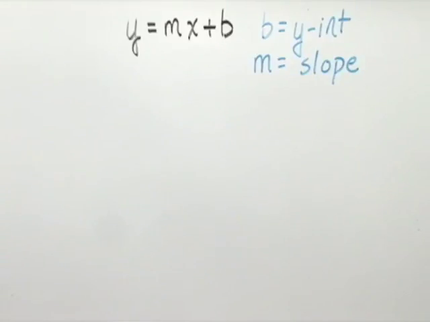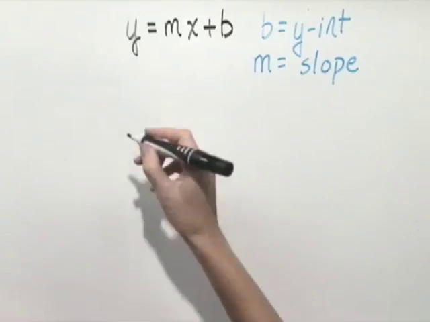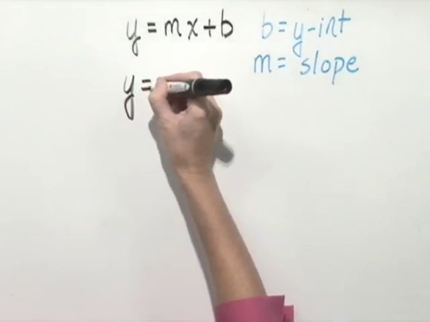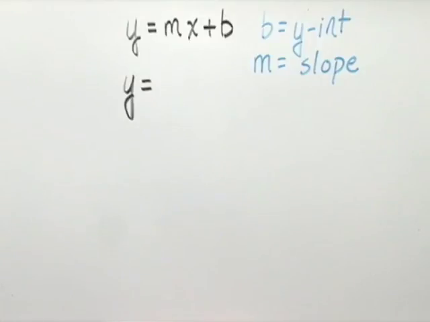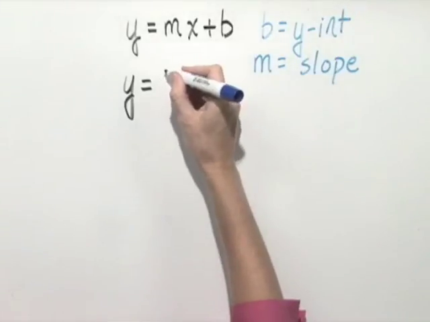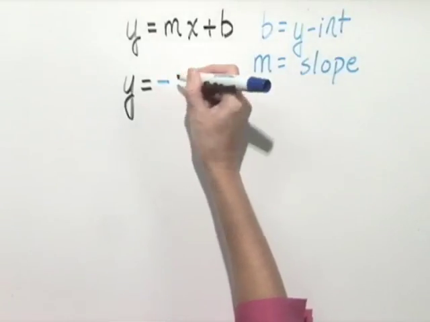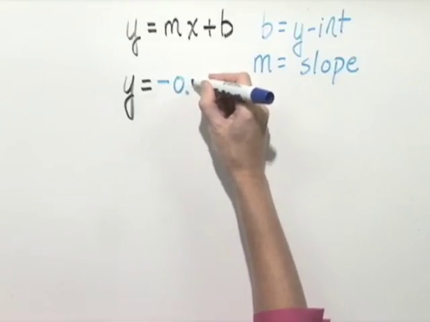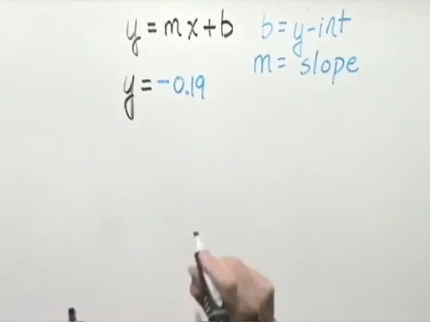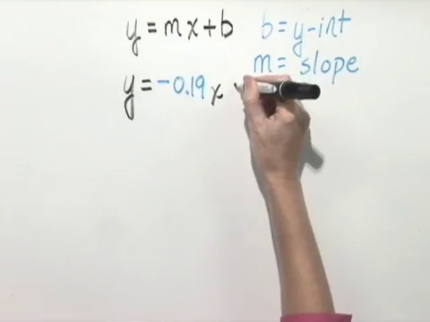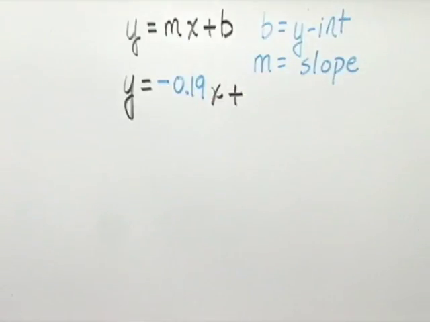So, in our case, we have y is equal to our slope. We were given that there's a decrease of 0.19 seconds per year. So we'll substitute in 0.19 with a negative sign because it's a decrease, negative 0.19 times x, plus b really is represented by the y-intercept, or the original y value, the original function value at time t equals 0.